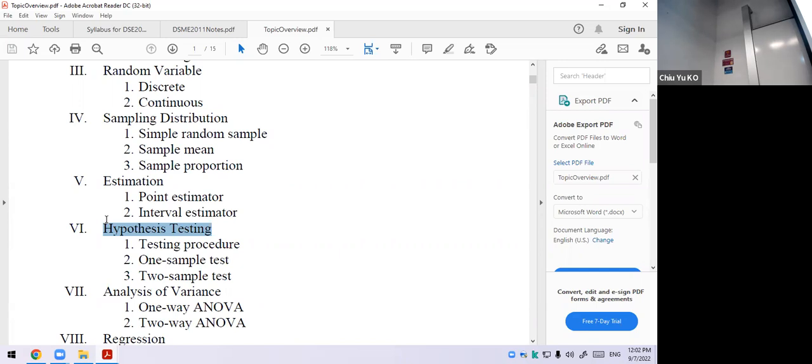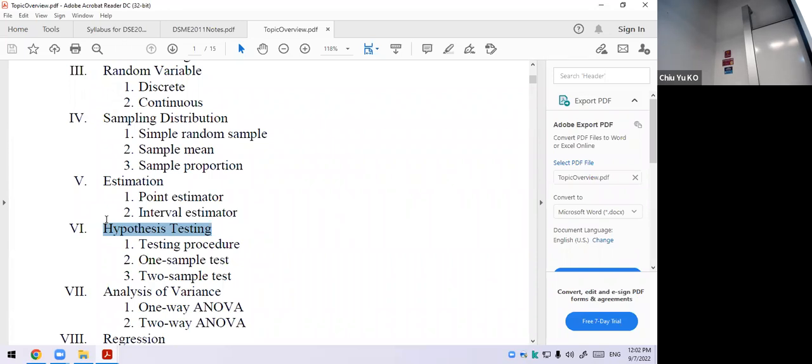You have something you want to test, and then you see whether it's true or not. And that is very useful. For statistics, say in medical studies, most of what we do in the next two topics will rely on hypothesis testing.